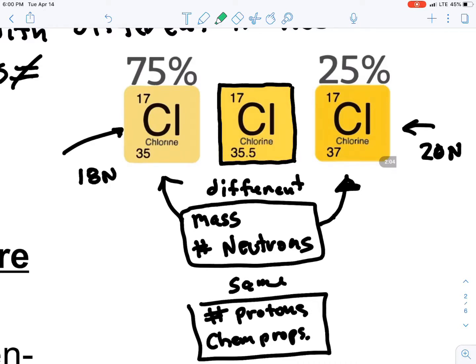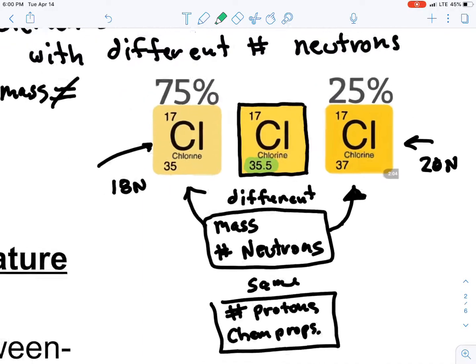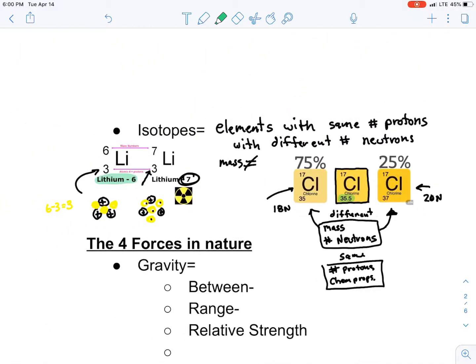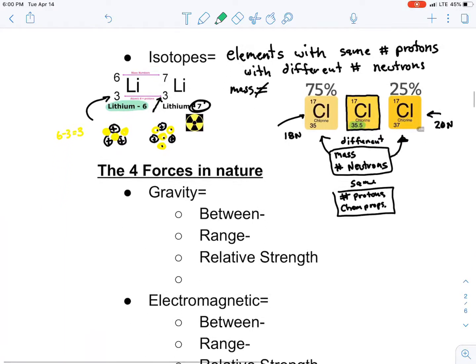But if we take the average mass of those two things, it ends up being 35.5. And so on the periodic table, we use 35.5 as the mass because in nature, that's how we find it. Because we don't want to have to worry about these different isotopes at any other time. I hope that makes sense. All right, we're going to move to the next section.